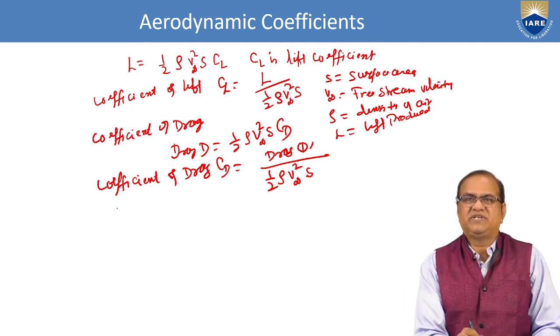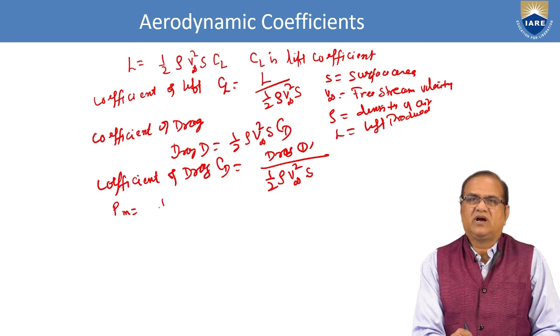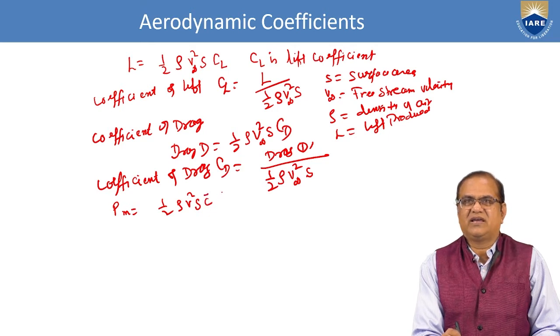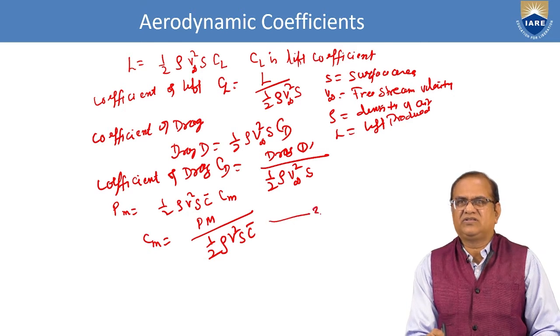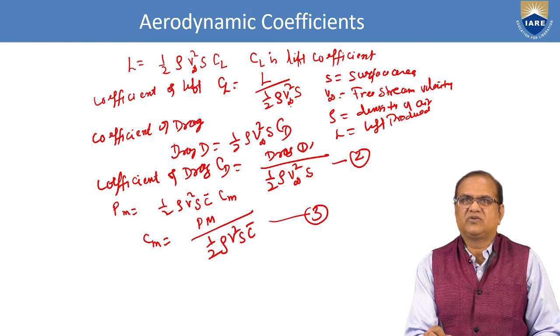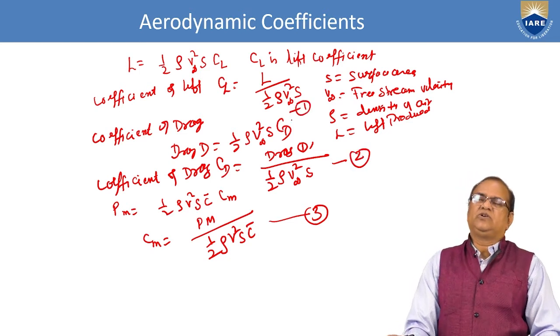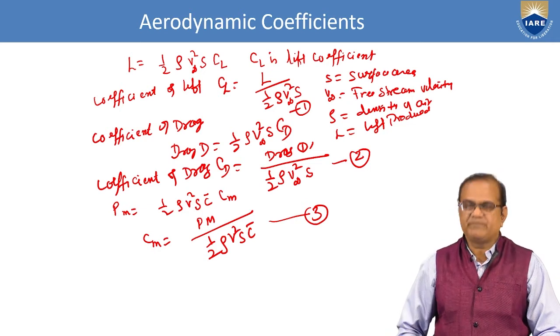Same way for the pitching moment coefficient. We know that pitching moment is equal to half rho V square S c bar into Cm, so Cm is equal to pitching moment divided by half rho V square S c bar. So these are the three aerodynamic coefficients. You have to understand these, as they will be used for our further discussion.